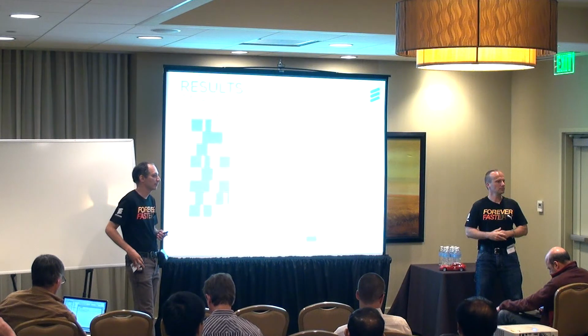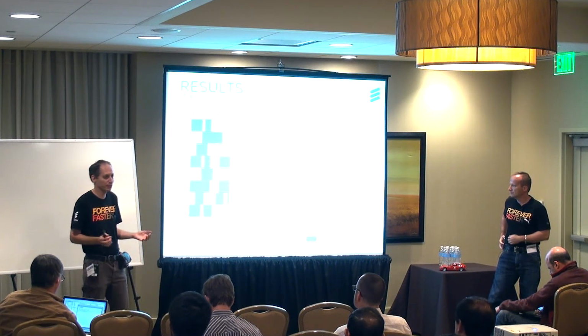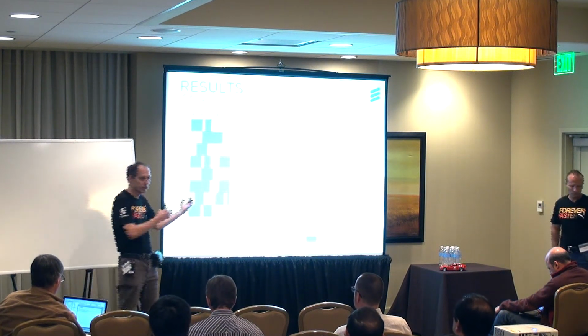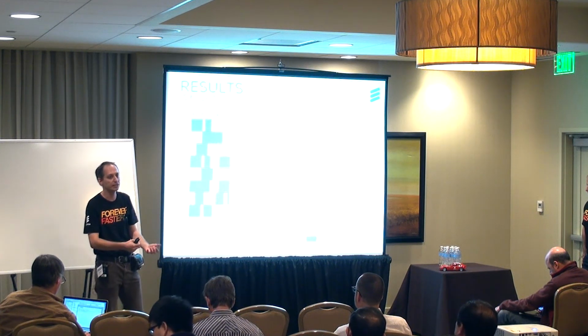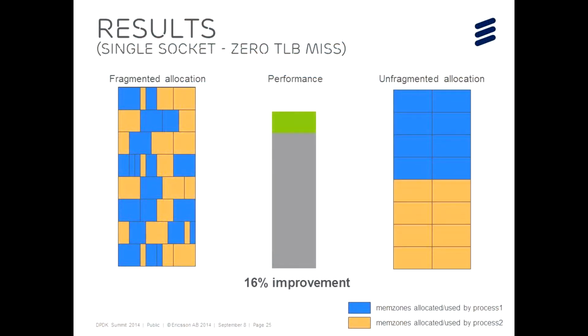But this depends on the application usage, and the good thing is that you can tune it for your application. You can try what happens if I put only my packet buffers on 1G huge pages just by changing the config and changing your allocation to 1G. You can even create a mixed 1G and 2M partition for your application.